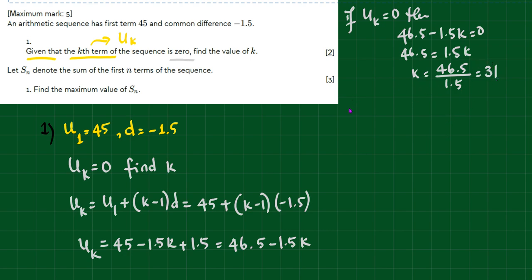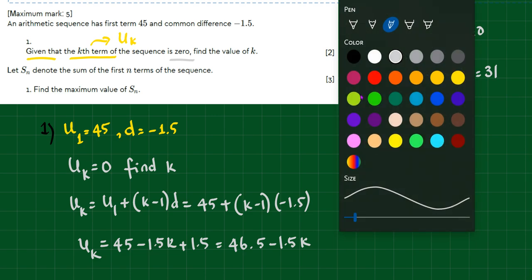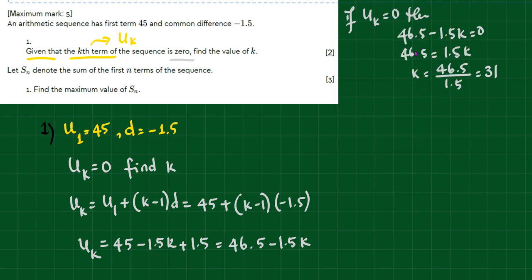And here, the maximum value of Sn. What does it mean by this? We can find it by using Sn. They say denote Sn the sum of the first n terms of the sequence, find the maximum value of Sn.